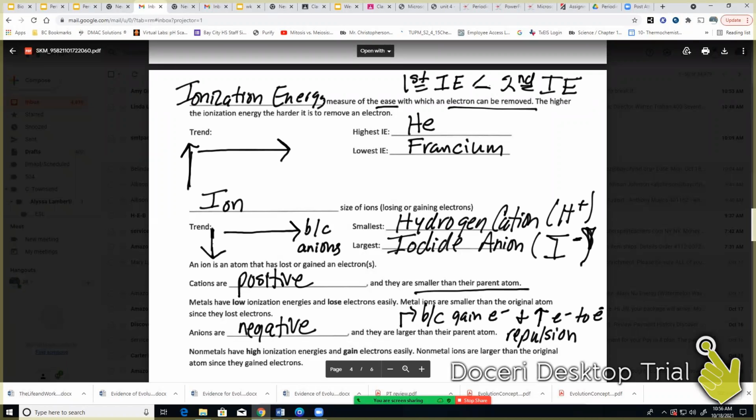They all have a negative charge, so they're repelling each other already. Now I throw another electron in there, it's going to repel even more. So if it's repelling, it's pushing away from each other, and that's going to cause that ion to get larger. So nonmetals have high ionization energies. And they're larger than their original parent.